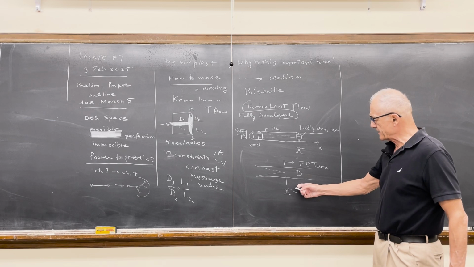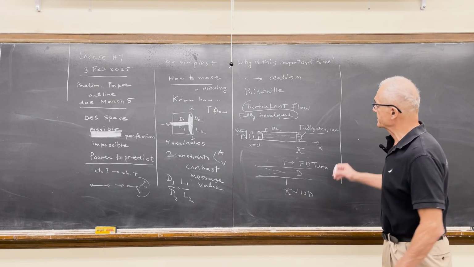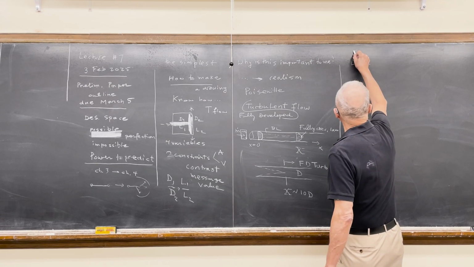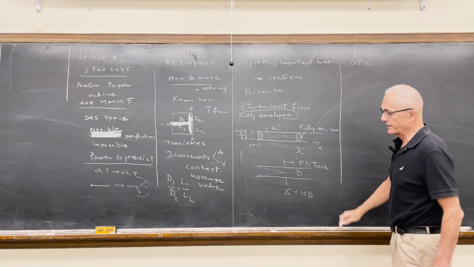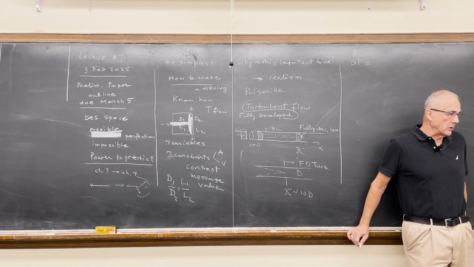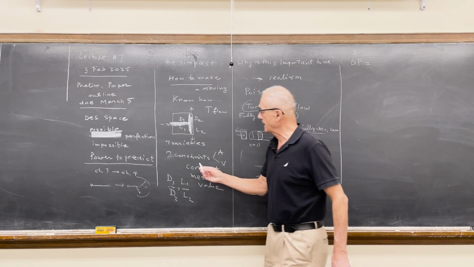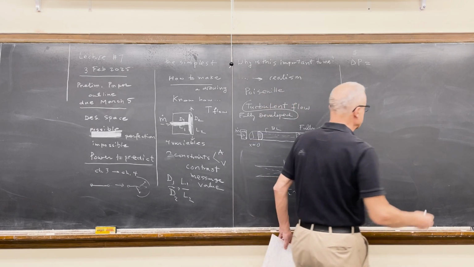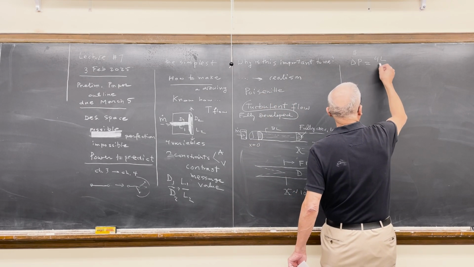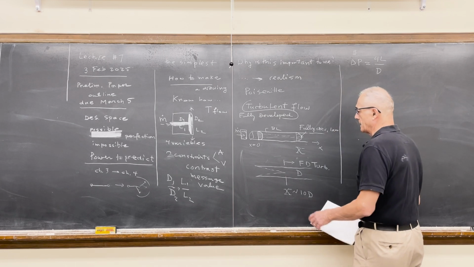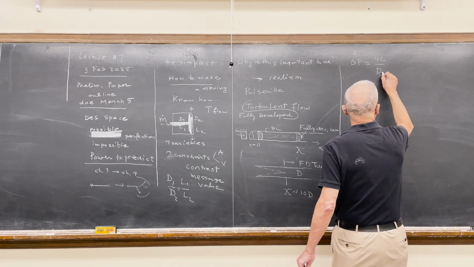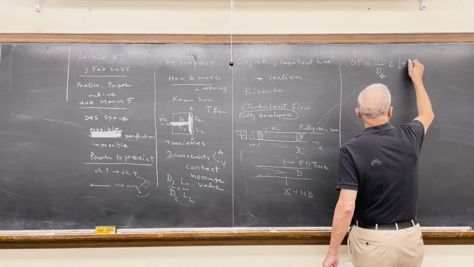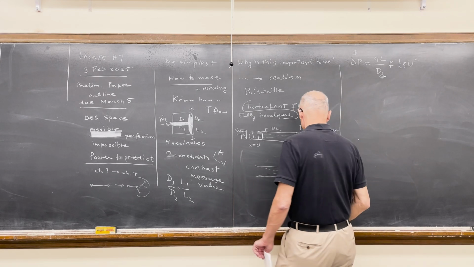So what's different? Different is the flow regime. And I start with this formula for the penalty of interest, which is the pressure drop, which is proportional to the pumping power, assuming that this m dot is specified. And the pressure drop is 4 times the duct length divided by, and we'll stick to round tubes at this point, and then the friction factor, and then 1/2 rho mean velocity squared.